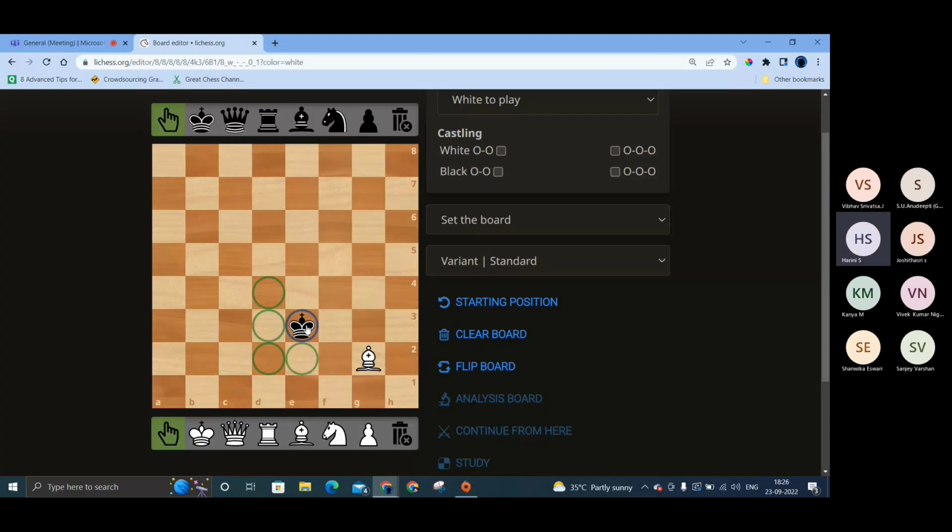Okay. Then F2. F2 is also safe. Okay. Then F4. Very good. F4. So what happened to these two squares?